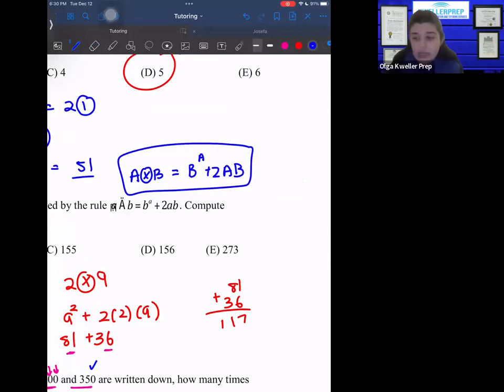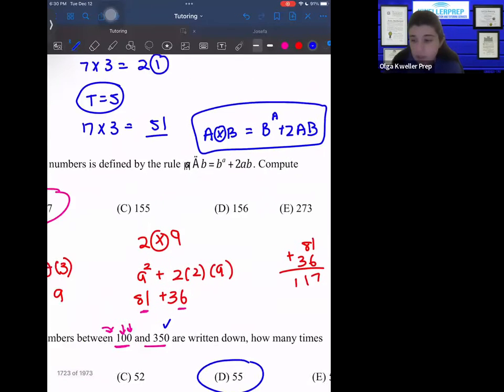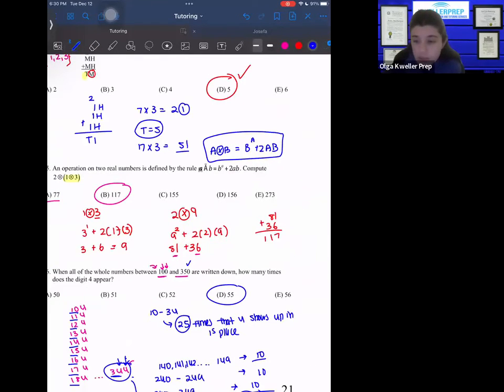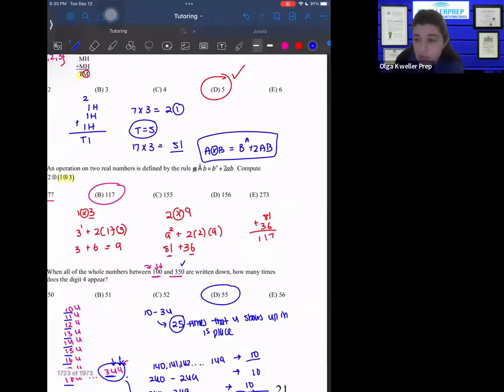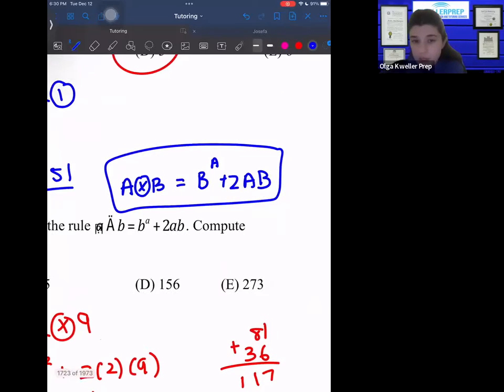They're saying that A symbol B means that you take the number B, raise it to the A power, and then add 2 times A times B. So when we see 2 symbol 1 symbol 3, the first thing we take care of is what's in parentheses, so 1 symbol 3. No, this is a mistake. It just didn't type correctly. It should have just said A symbol B.